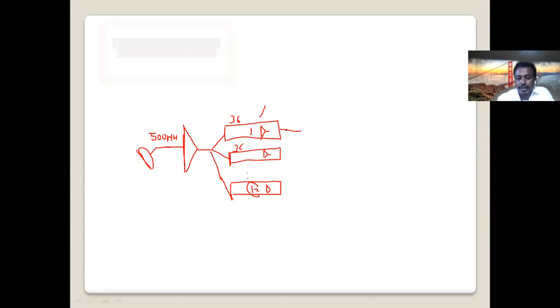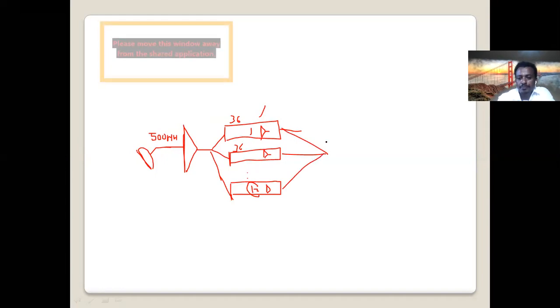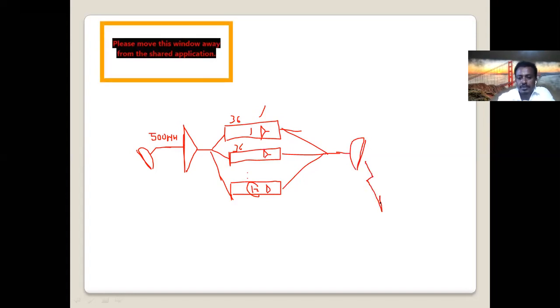Then we combine them together, and after combination, we transmit it back to the Earth. That's the downlink. This is the uplink. So this is how it works.